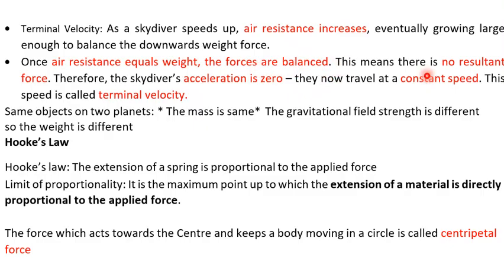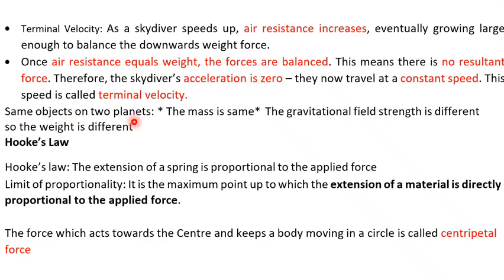In that situation, resultant force will be 0 and acceleration will be 0 and he travels with constant speed. This speed is called terminal velocity. So remember the two key points about terminal velocity. If any object reaches terminal velocity, resultant force will be 0 and acceleration will be 0.